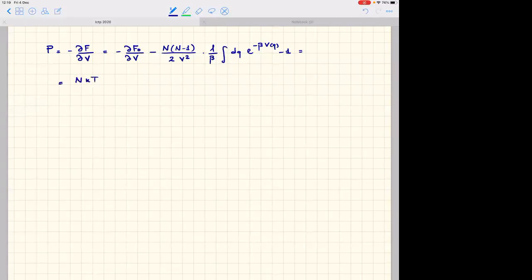N k Boltzmann T divided by V minus, if N is large, N minus 1 is roughly N, so I can write it as N squared divided by 2V squared, k_B T, and then I have this integral dq of e to the minus beta v(q), minus 1.